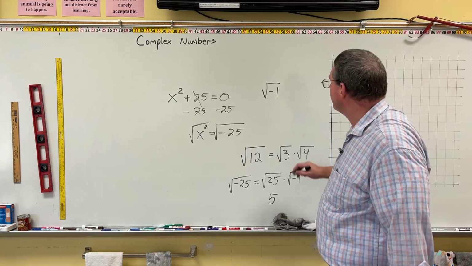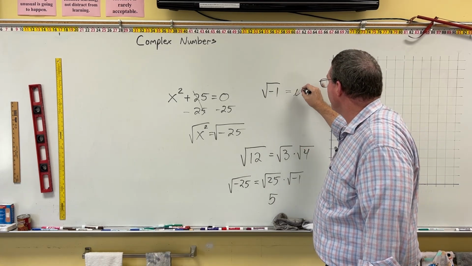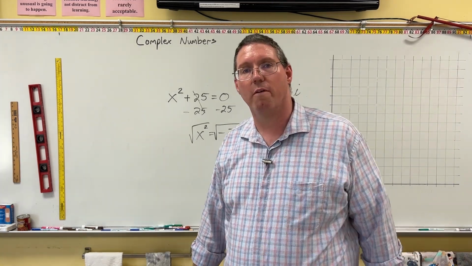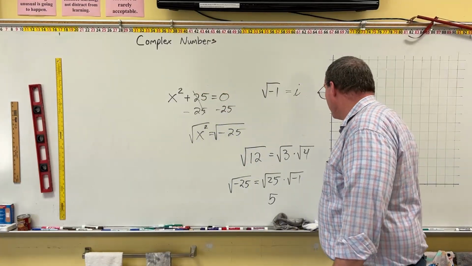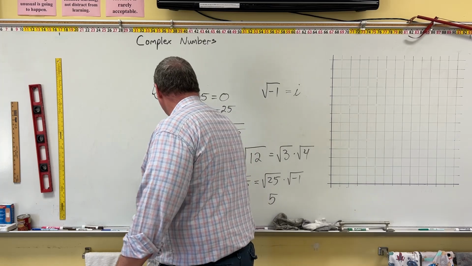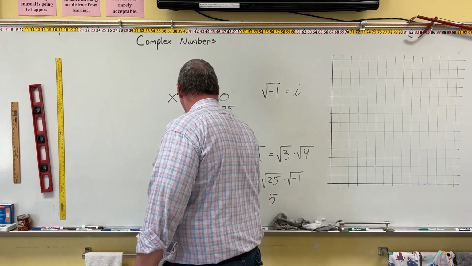Well, what mathematicians decided was they're going to represent the square root of negative 1 by the letter i, in the very same way pi is used to represent 3.14 and e is used to represent 2.72. So what we wind up with is that the square root of negative 25 winds up being 5i.